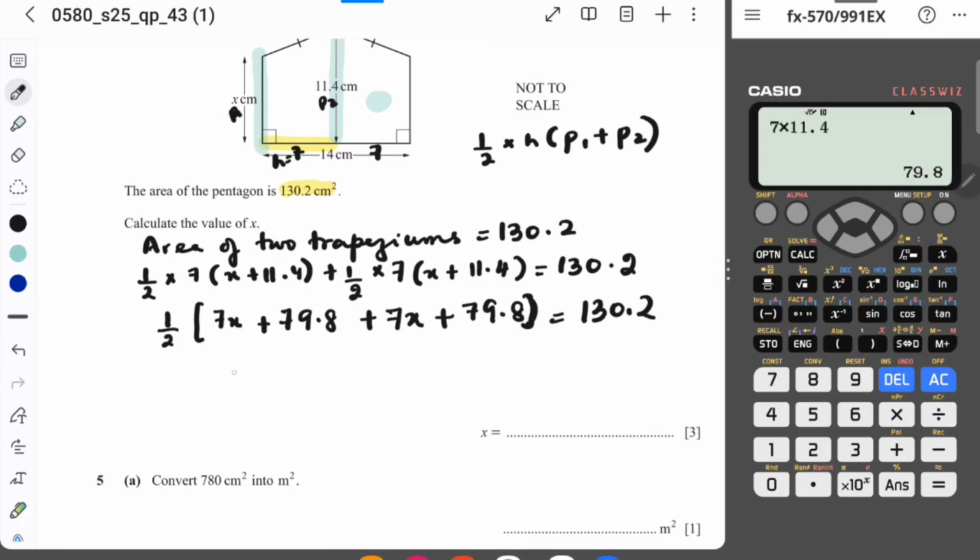7x plus 7x is 14x, and 79.8 and 79.8, multiplying by 2 to get the double number, so that is 159.6. It is equal to 130.2 times 2. 130.2 times 2 is equal to 260.4.